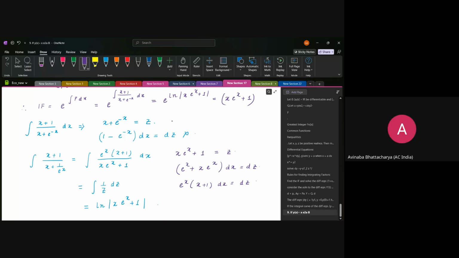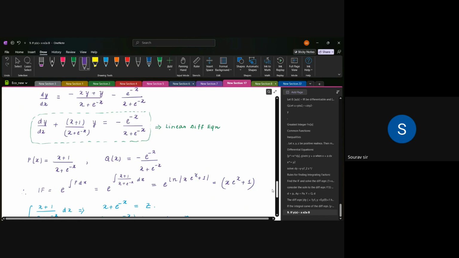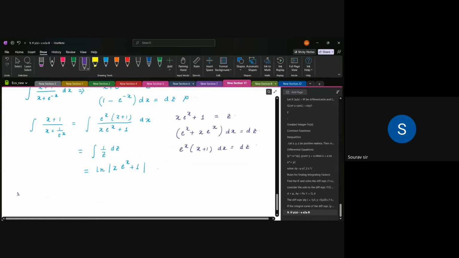Yes, correct, sir. So now once we have got this, we will multiply the differential equation with the integrating factor.